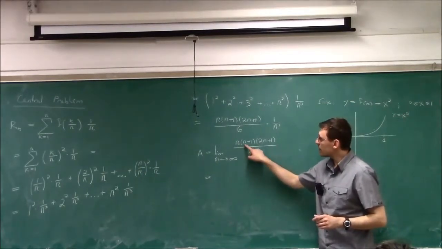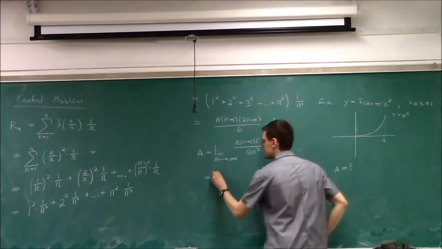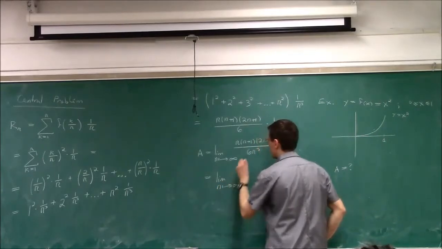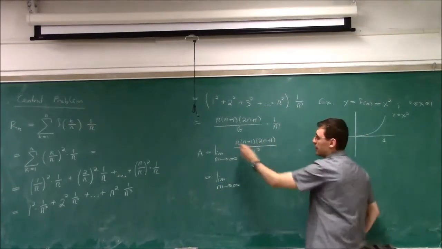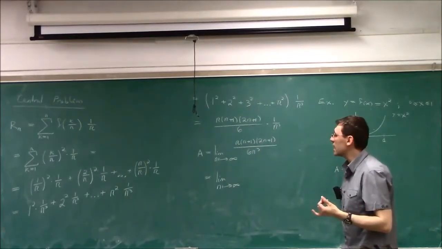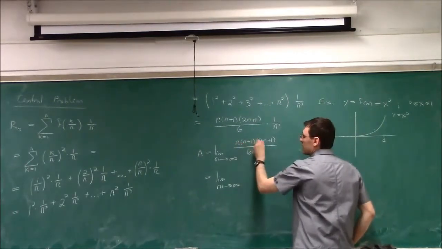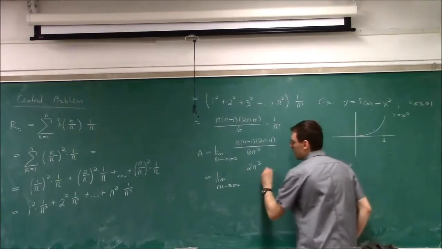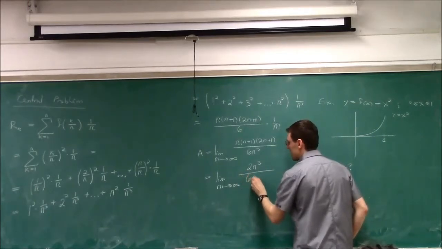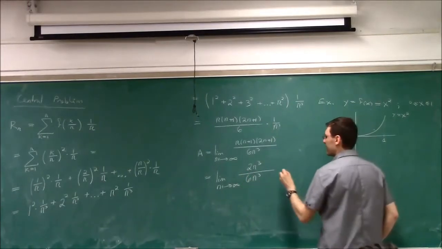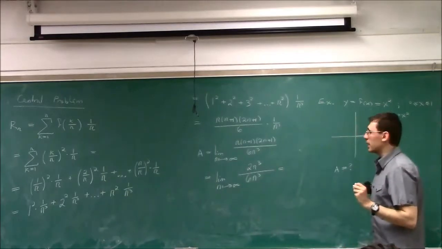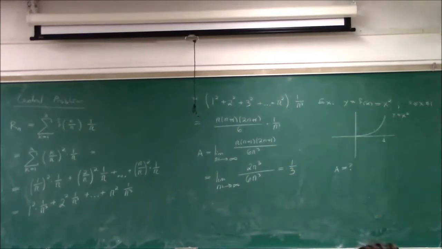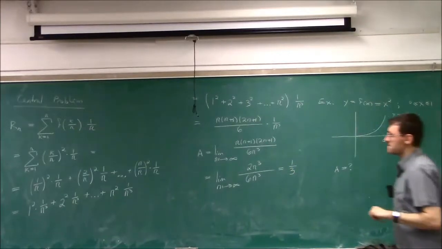What's the leading coefficient on the top? It's n to which power? In the numerator, if you multiply it out, the leading term is n cubed. Now, n times 2n is the same as 2n cubed. Everything else will not matter. Divided by 6n cubed. And what you get is 1/3. You get 1/3. All right?